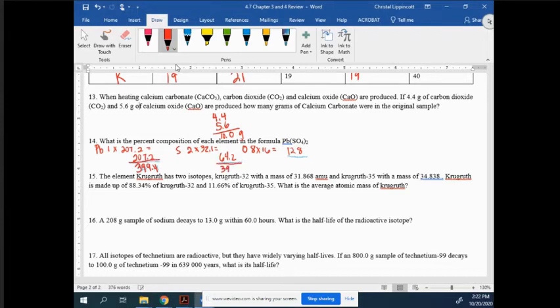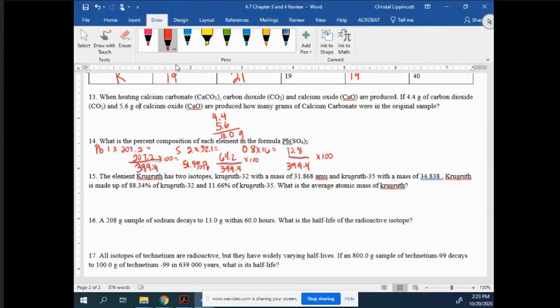So I'm going to divide all of these by the total mass here, which is 399.4, multiply by 100, and that's going to give me my percent for each one of these. The first one here ends up being 51.9% lead.